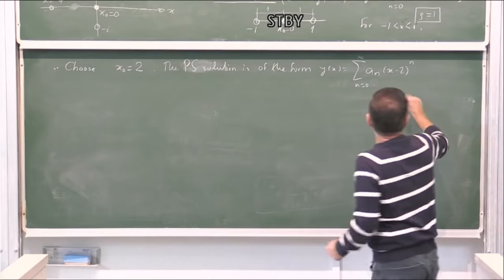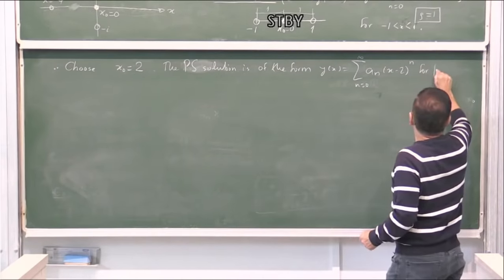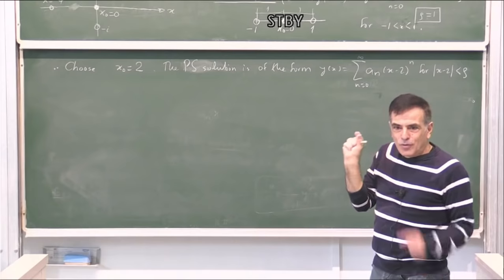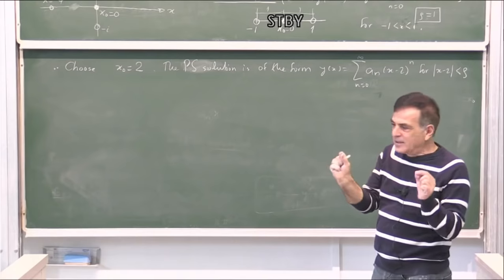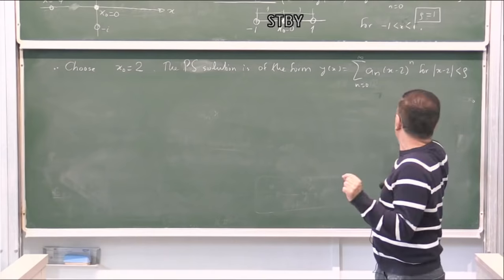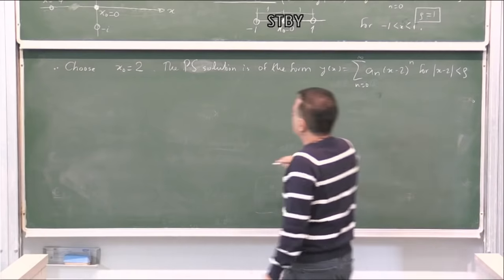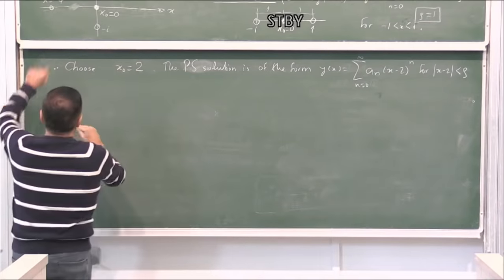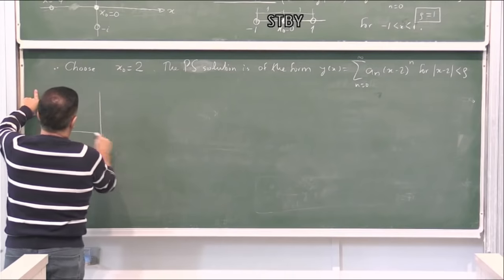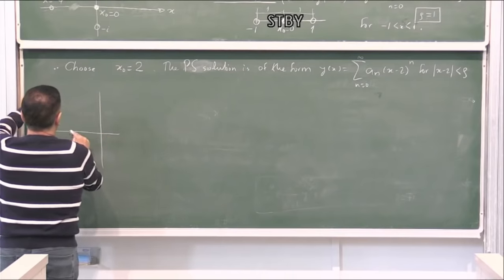For what? For x minus 2 smaller than rho. And to find rho, we need to find the distance from 2 to the nearest singular point. Okay? So, from this picture, we see that here is 2.